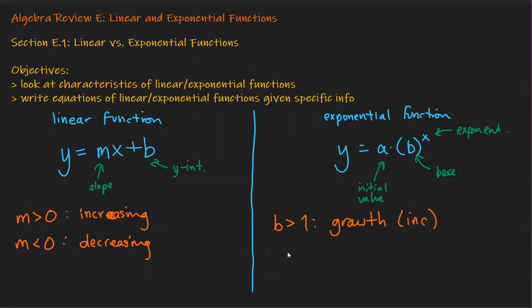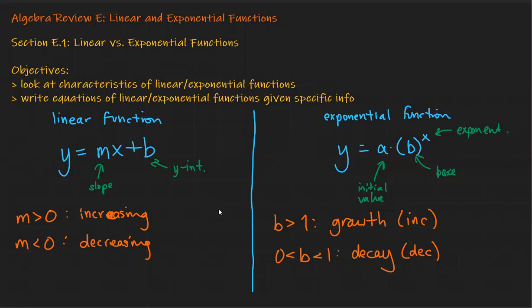And now if b is less than 1, it has to be between 0 and 1. So 0 less than b less than 1. This is the symbolism for saying b has to be between 0 and 1. We're going to call that decay. For an exponential function, our base, at least for this class, will never be negative. And so that's why we include this little extra thing that b has to be bigger than 0.